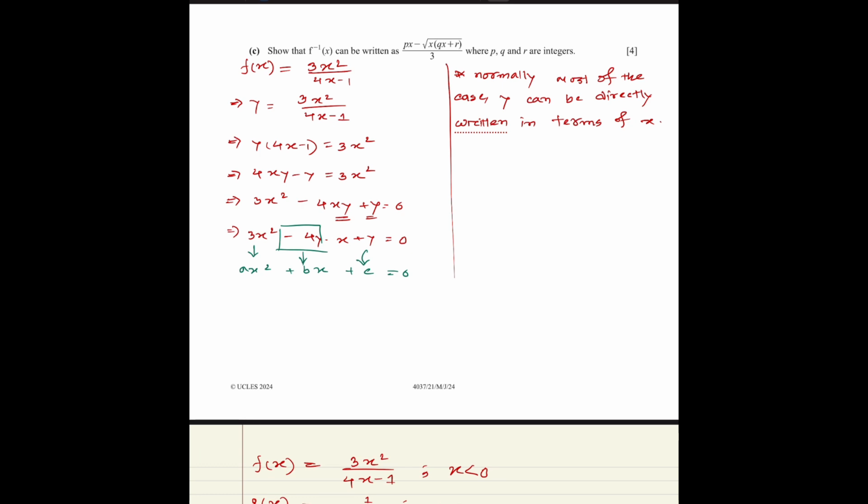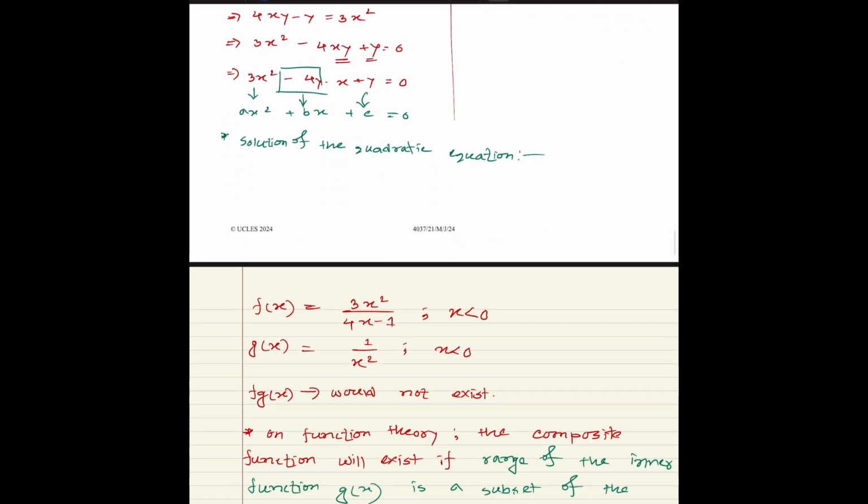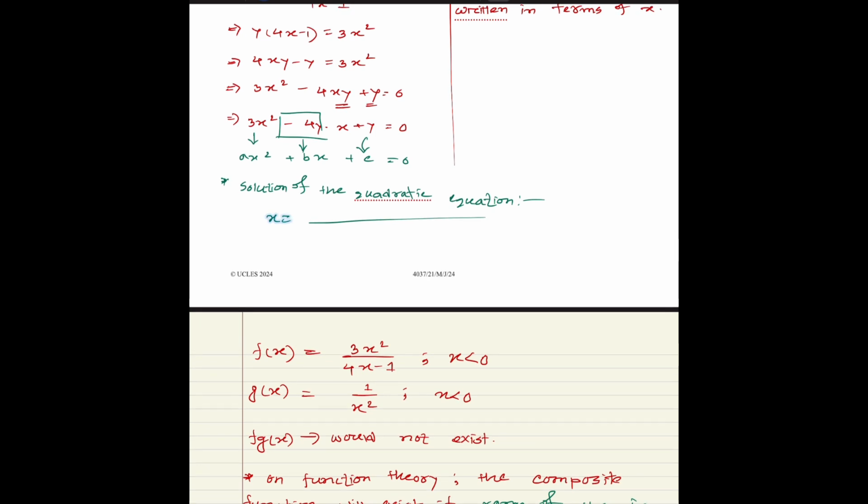Okay, so the solution of the quadratic equation will look like this. x is equal to minus b, meaning minus negative 4y, plus or minus the square root of b squared minus 4 times 3 times c, meaning y.